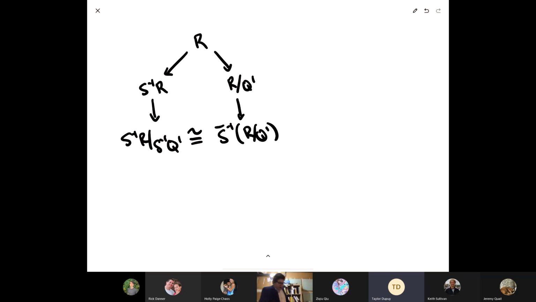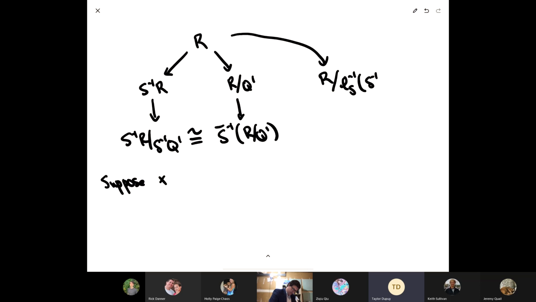Okay, so we have this, and these two things are isomorphic. What I want to look at is, suppose that X is... and we also have this, so this goes to here, L S inverse of S inverse of Q prime. And this is injective.